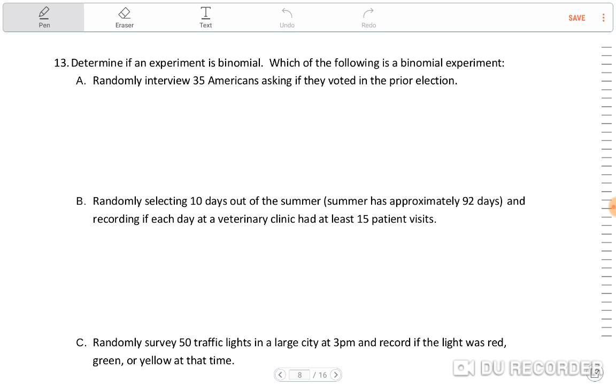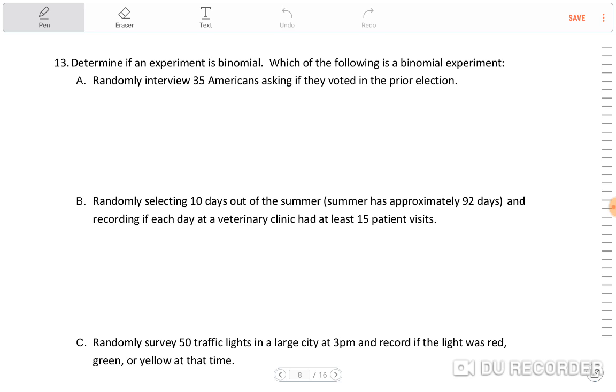I'll read the 4 requirements from my formula sheet. 1, there are a fixed number of trials in the experiment. 2, the trials are independent or n is less than 0.05 capital N, so that means that your sample size is less than 5% of your population size. Number 3, the probability of success on a single trial remains constant throughout. And then number 4, there are only 2 outcomes possible in each trial. So that would be binomial.